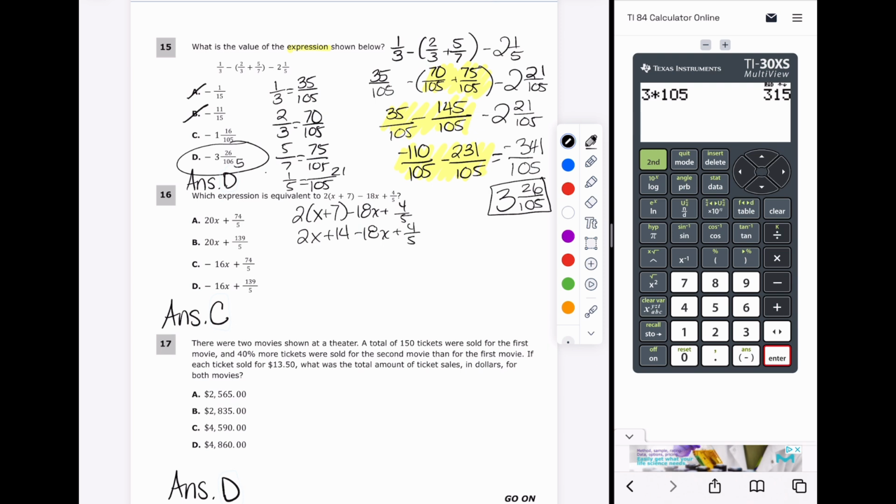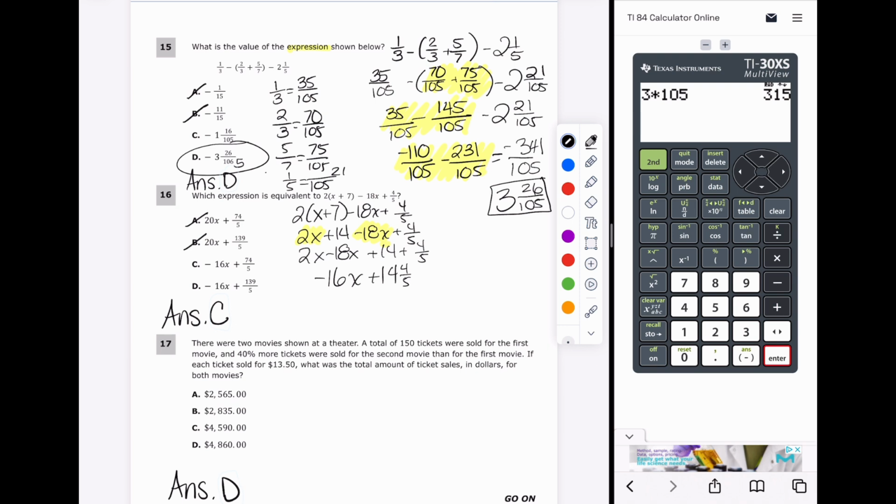Let's put the things that are the same, the like terms, next to each other. So 2x minus 18x plus 14 plus 4 fifths. And 2x minus 18x is negative 16x plus 14 and 4 fifths. I just combined them together. So definitely not A and B.